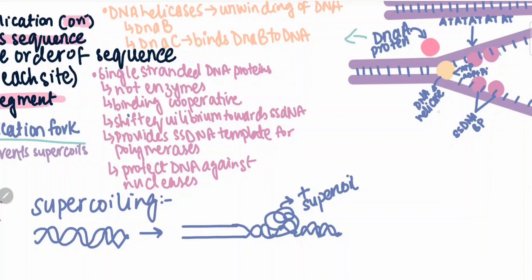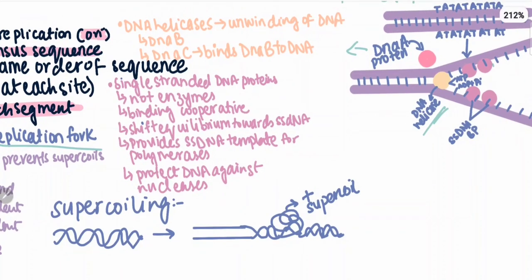There is another enzyme called DNA helicase that is going to cause unwinding of the DNA. So it is going to unwind the DNA more and more and open the DNA up more and more. That's called the DNA helicase. And in prokaryotes, it's DNA B. And DNA C is another protein that binds DNA B to DNA.